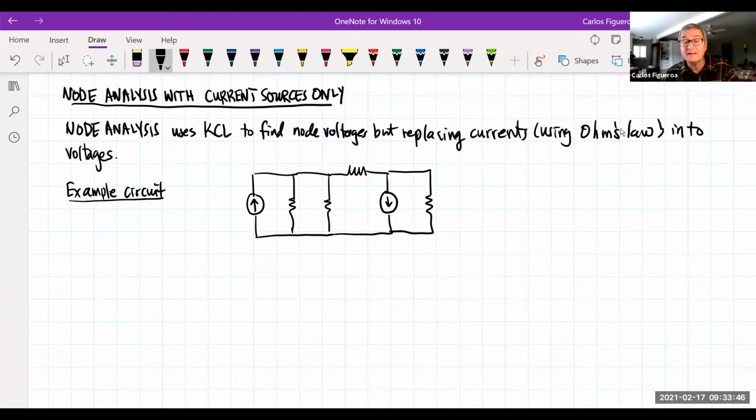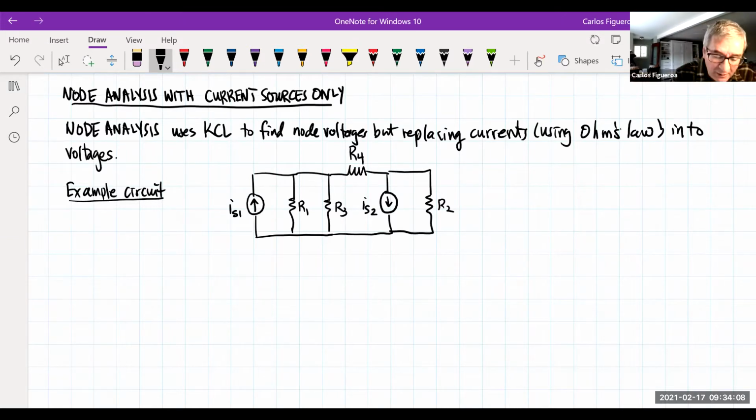It looks something like this. I'm going to label these resistors R2, R3, R1, and then 2 sources, S1 and S2. I'll call this resistor R4.